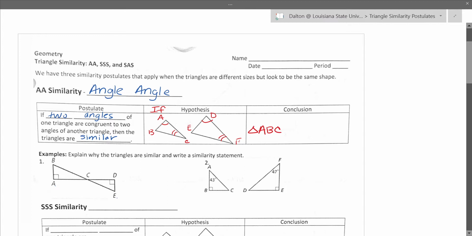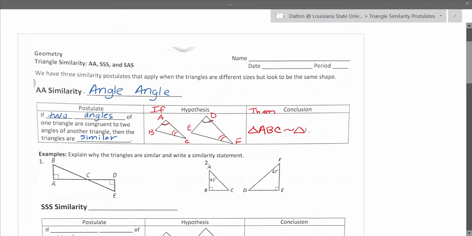ABC. We're going to write what's called a similarity statement. So remember, this comes after the word then, the conclusion. So triangle ABC is similar to triangle. Don't forget, when we are writing a similarity statement, the letters have to correspond to each other. So A has one arc mark, so it must correspond to D, which has one arc mark as well.